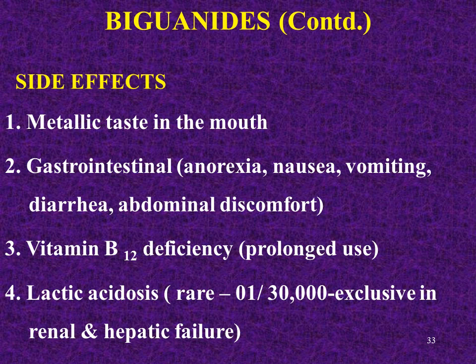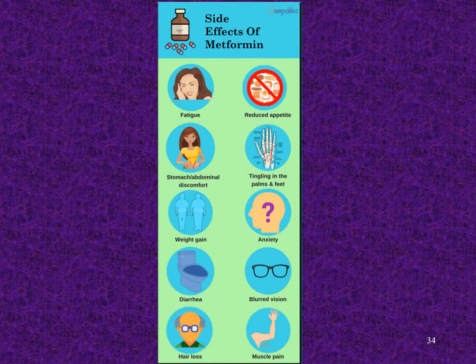Rare but fatal. So only one drug up till now, I guess you have studied in pharmacology, so much course has been covered, that causes lactic acidosis. So it's again a key word, lactic acidosis and metformin. Fatigue, reduced appetite, stomach, abdominal discomfort, tingling in the palms and feet, anxiety, weight gain, diarrhea, blurred vision, muscle pains, and hair loss.